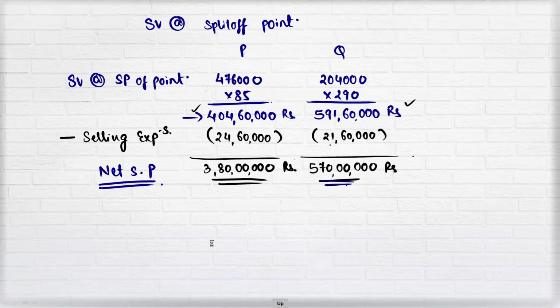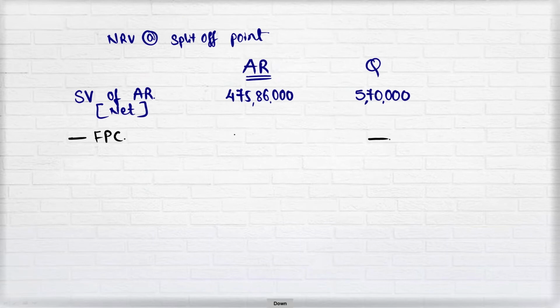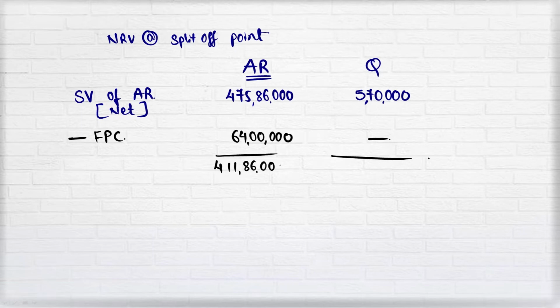What is further processing cost in case of AR? It is 64 lakhs, minus 64 lakhs. What is the answer? 4 crore 11 lakh 86,000 and this will be 5 crore 70 lakhs.